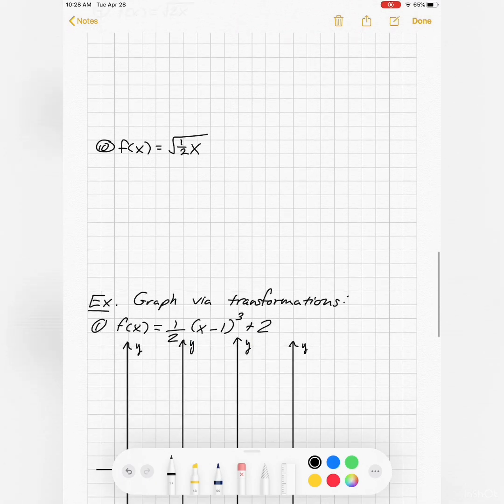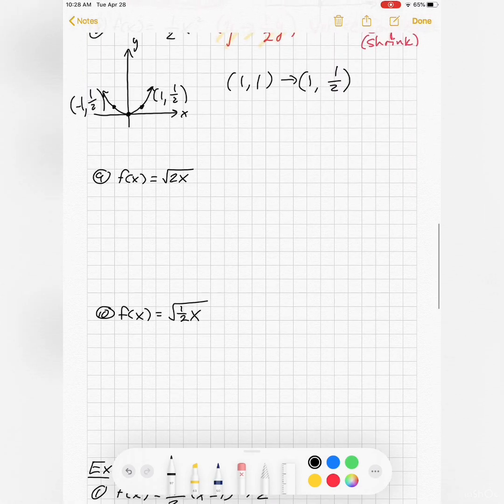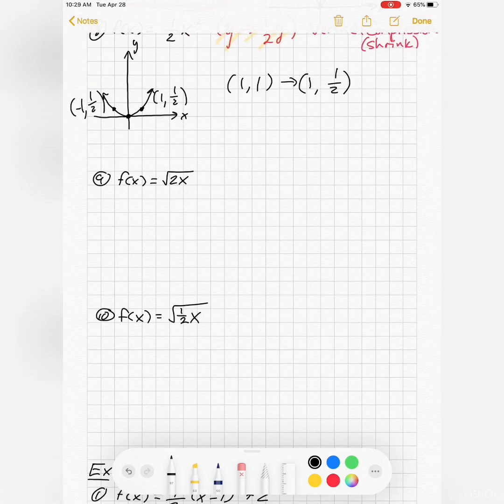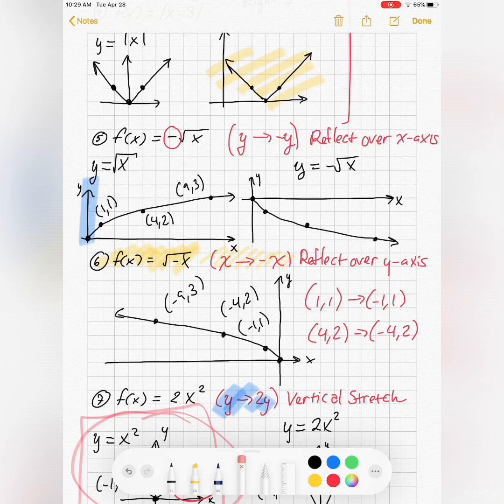Then we're going to look at how you put all this together to do some fancy functions like what's down there at the bottom. So the difference with number 9 is this. You still start out with square root of x like what we did up here. So let me copy this guy down.